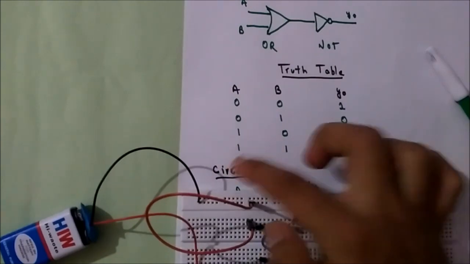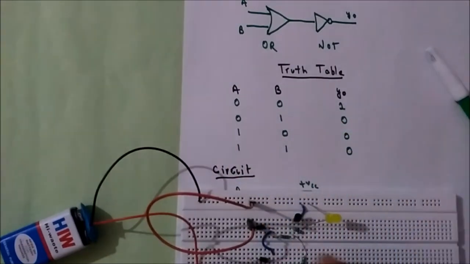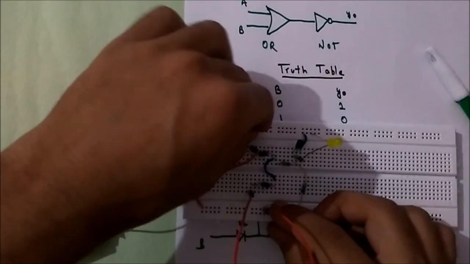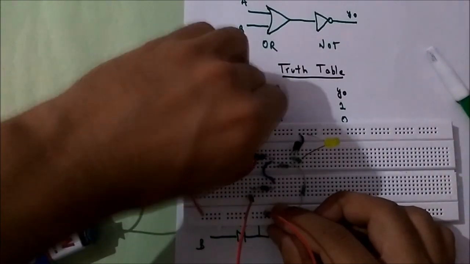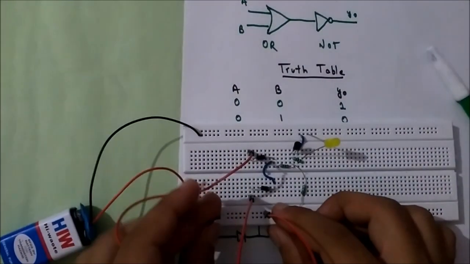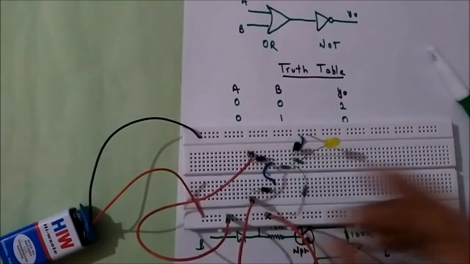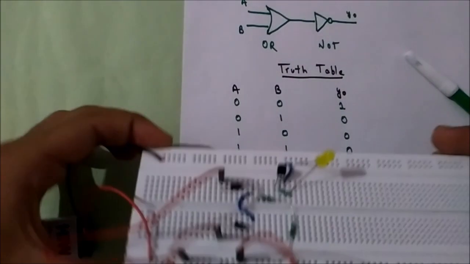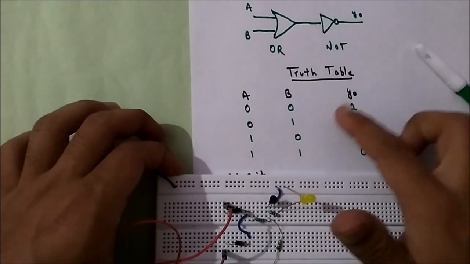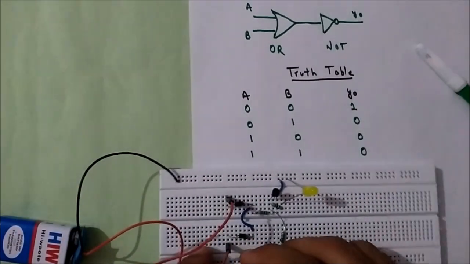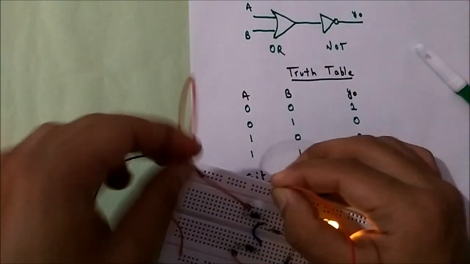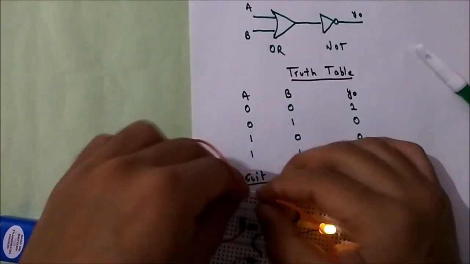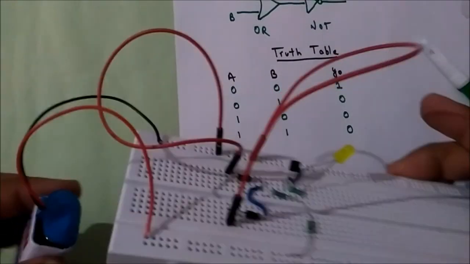If I connect both to 1 1, I should again get 0 output. So B is connected to 1. If I connect here also, I'm getting 0. So this is again the circuit. I'm getting 1 only when both the inputs are 0. It means both the inputs are connected to the negative terminal of the battery.